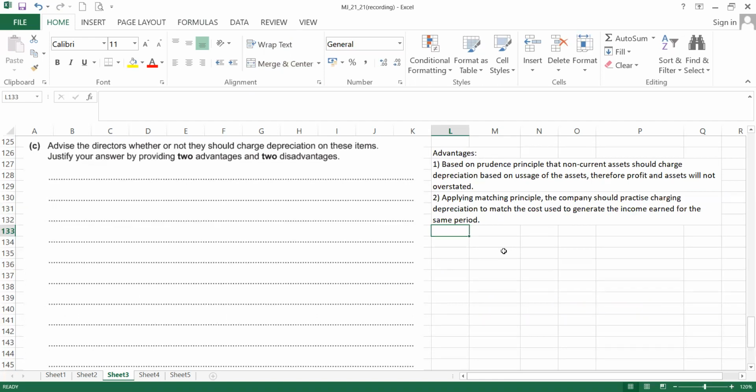Other than that, you can talk about consistency. Consistency means that we should apply it throughout the useful life. So we should follow.